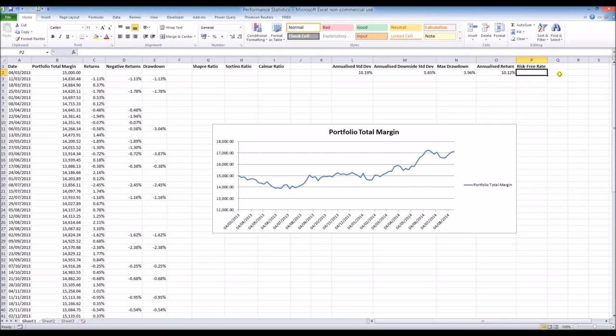So the reason we need the risk-free rate in these performance statistic calculations is because, as I said previously, these are all risk-return measures. So basically they'll all have a return number on the top of the equation and then divide it by a risk number to come up with a performance ratio.